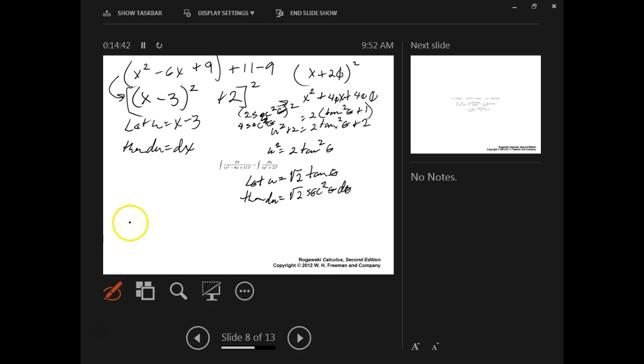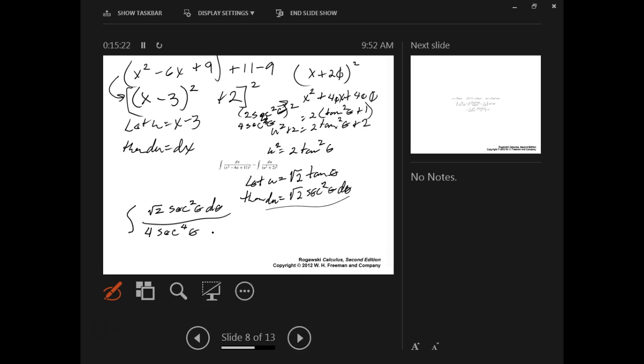So let's go back to our integral. The du is the square root of 2 secant squared theta d theta, right? Agreed? That whole denominator there, u squared plus 2 squared, is 4 secant fourth theta.